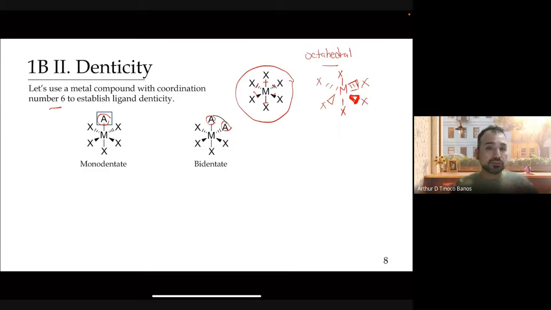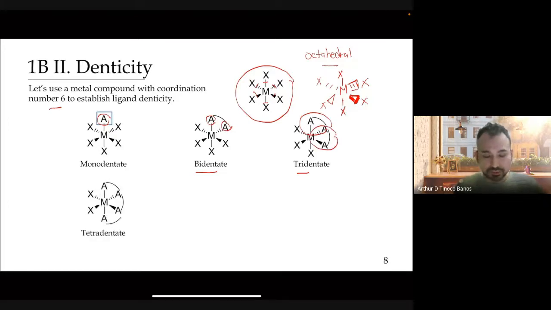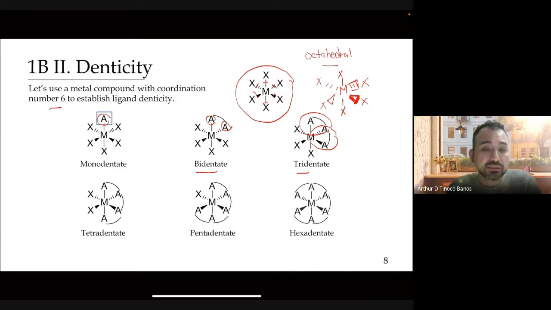And you see that there's a bridge, a ring that can form because of these two contacts from that ligand. That is bidentate. Then you have something that is tridentate, and you see the associated rings that are forming. Then you have something that is tetradentate, and then an example of something that's pentadentate, and then an example of something that's hexadentate. All right, so this is really important.